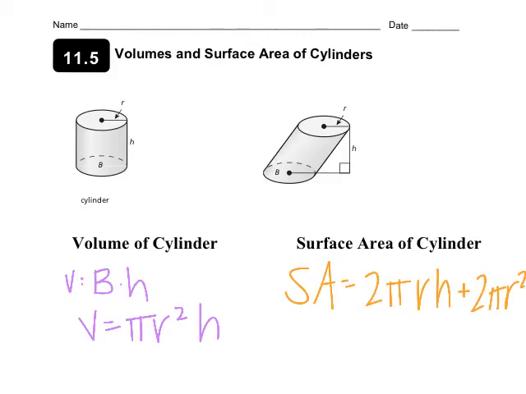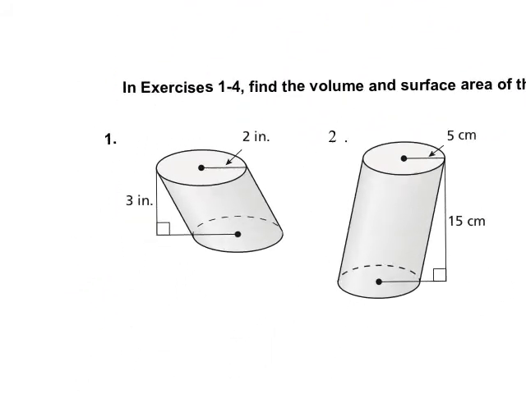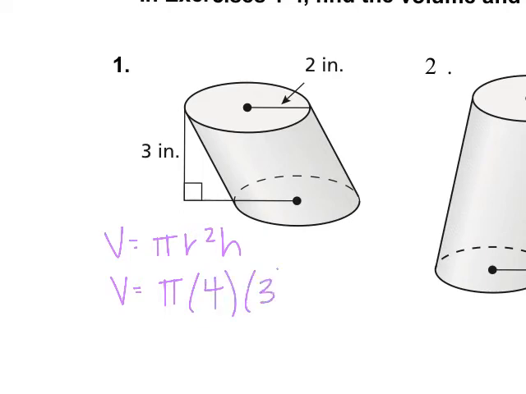All right, any questions thus far? All right, let's do one example. All right, so volume equals pi r squared h, yes? All right, so pi, the radius squared here would just be 4, and the height would just be 3.